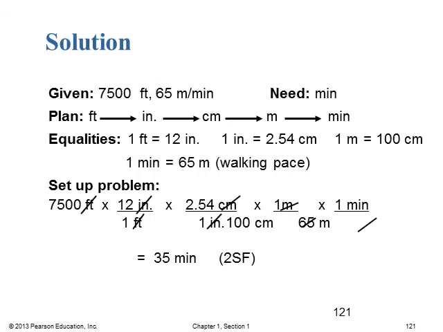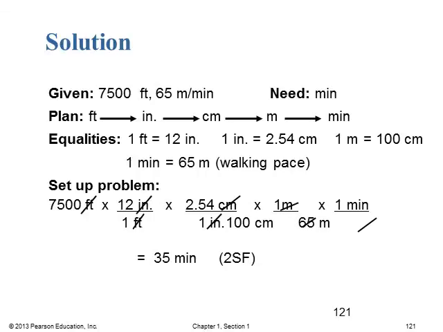But regardless, that 100 centimeters is supposed to have a cross slash through it. So in 1 meter, that's equivalent to 100 centimeters, and so our centimeters will cancel out. And then in 1 minute, we walk 65 meters. So our meters will cancel out, and we're left with just the unit of minutes.